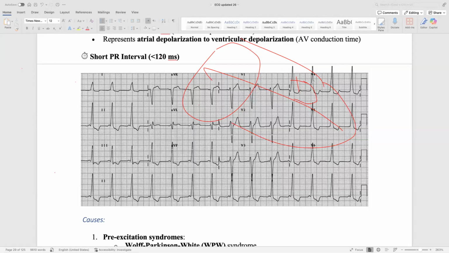It will die first. So if there is death of the bundle, left bundle branch block means death of the bundle. Death of the bundle, mostly ischemia.